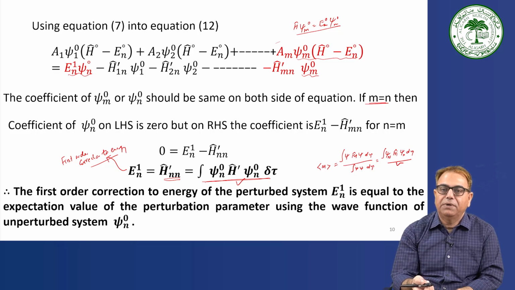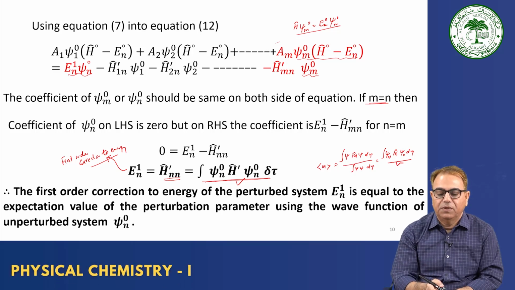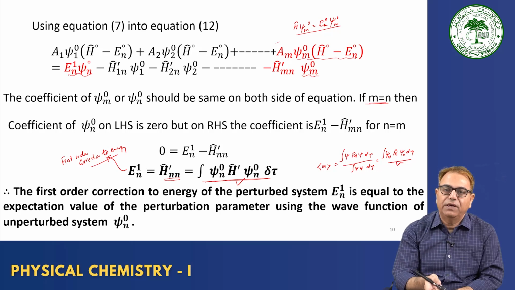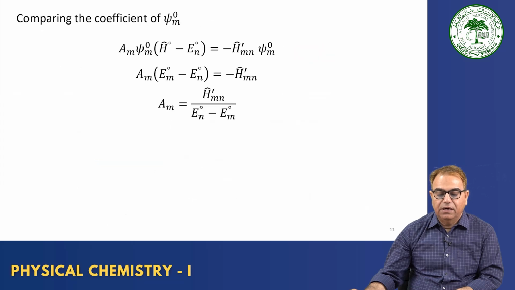Whatever the expectation value of the H prime operator is, that can be determined by using the wave function for the unperturbed system, for which the solution is already known. That value is called the first order correction to the energy of the perturbed system, denoted by En1. So this is the correction.